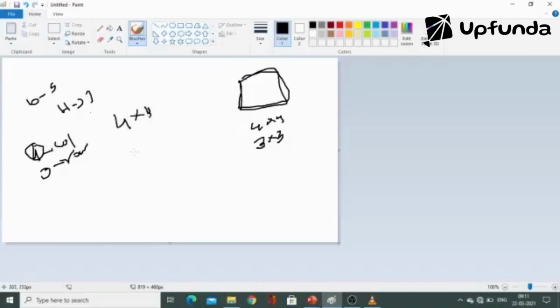And how many small squares does she want to make a big square? Since she needs a 4 cross 4, she needs 16 squares to make a big square. Okay, so we have to calculate how many squares she presently has.